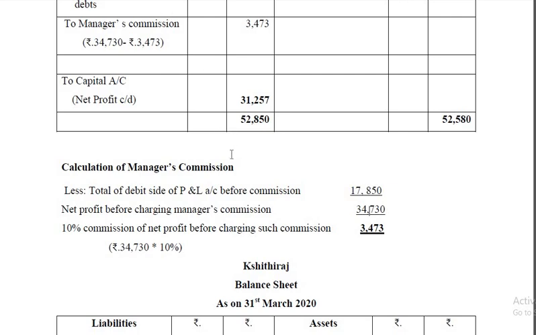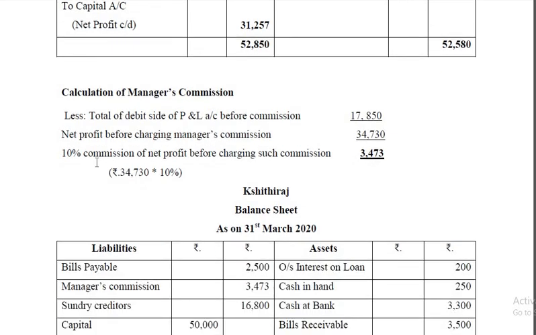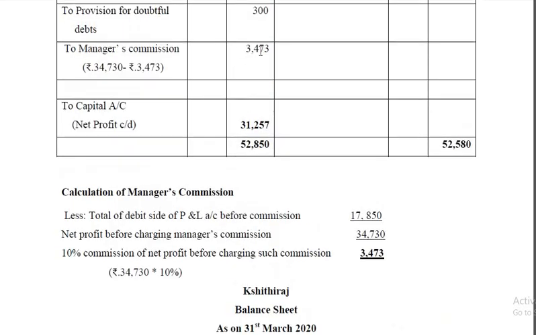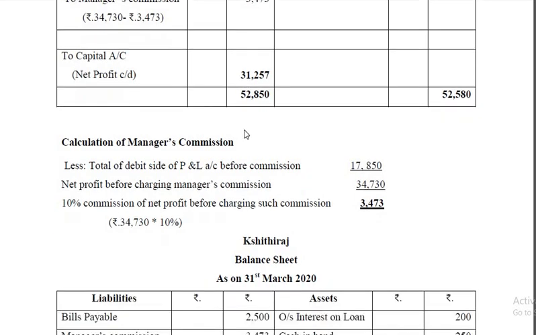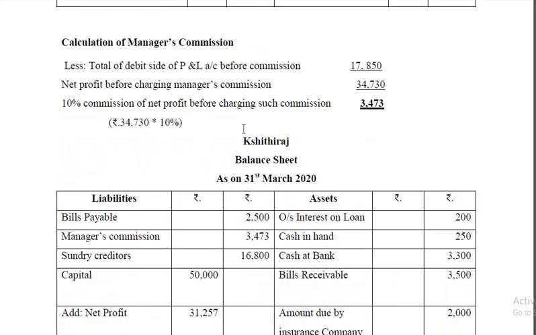Total of debit side before calculating commission is 17,850. The net profit before charging manager's commission is 34,730. On that you have to calculate 10%, that comes to 3,473. That is taken here. And therefore, the balance is 31,257, and that is the net profit after charging such a commission.